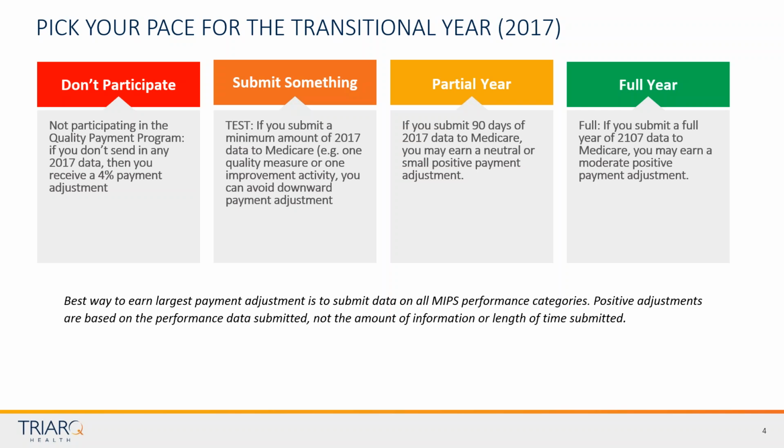Is there an advantage? And really what it comes down to is the quality measures. You are required to meet a minimum case volume of 20 patients, and perhaps for some of your quality measures in a 90-day period, you're not going to see 20 patients that fit that category. So that would be the reason to consider extending your actual reporting period. And we'll dive into that in a little more detail.